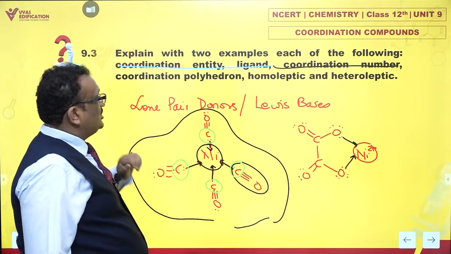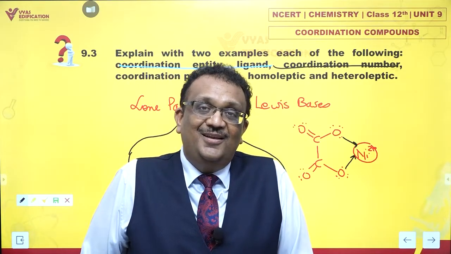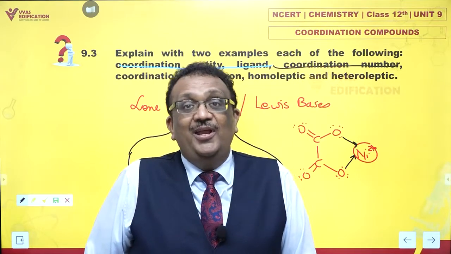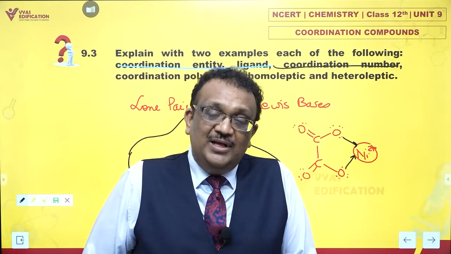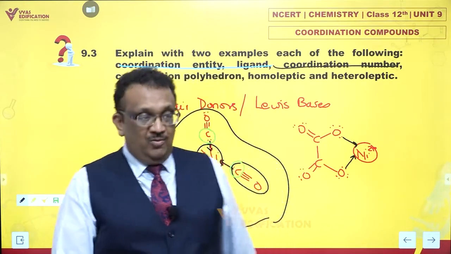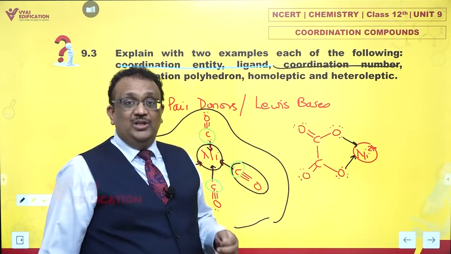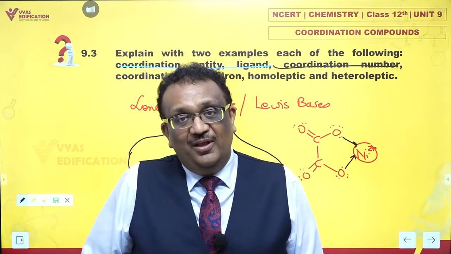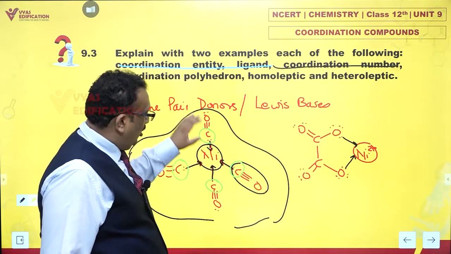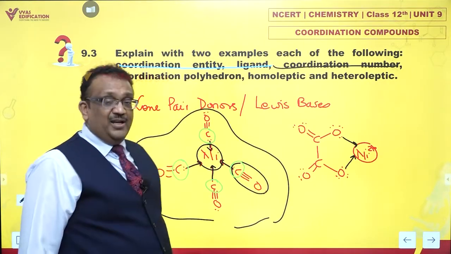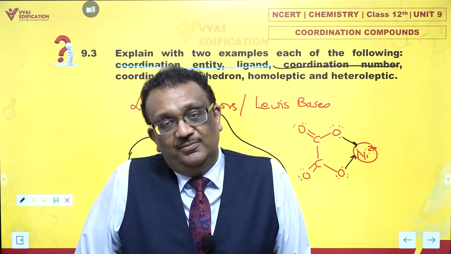Then we have something called the coordination polyhedron. What is that? It is the geometry around the central metal atom. If you take a coordination sphere, the polyhedron drawn when all the ligands are connected and assumed to be at the corners of a polyhedron is the coordination polyhedron.